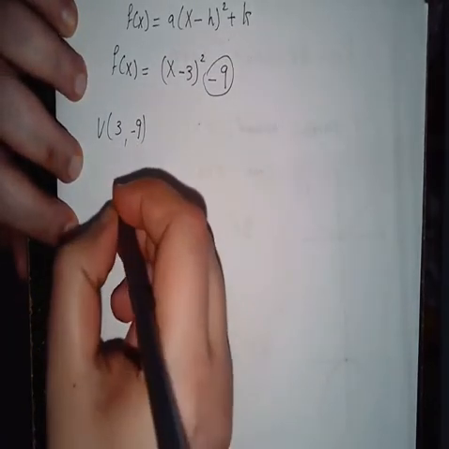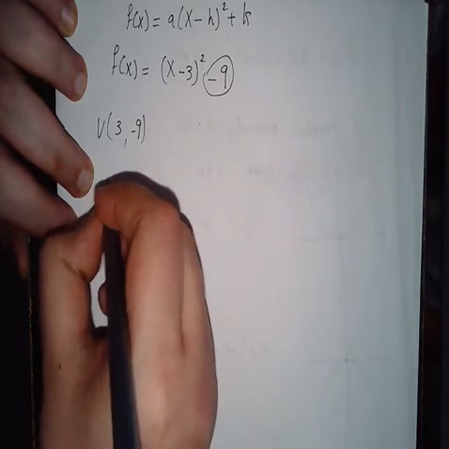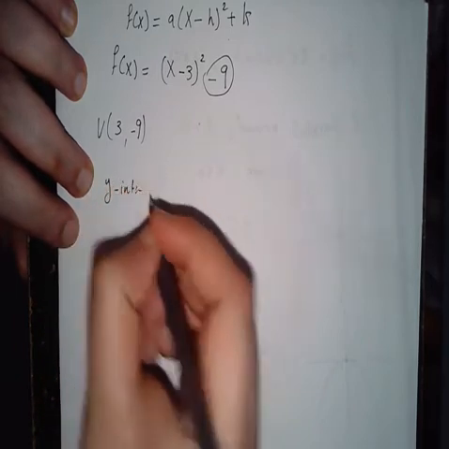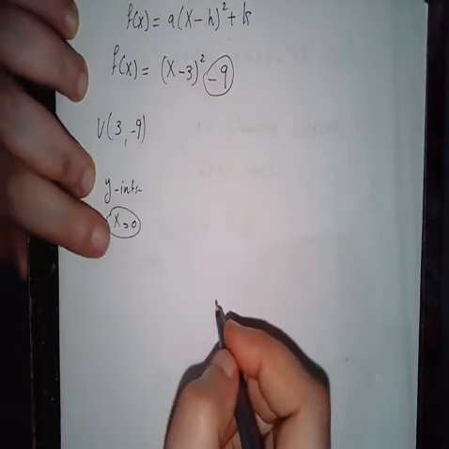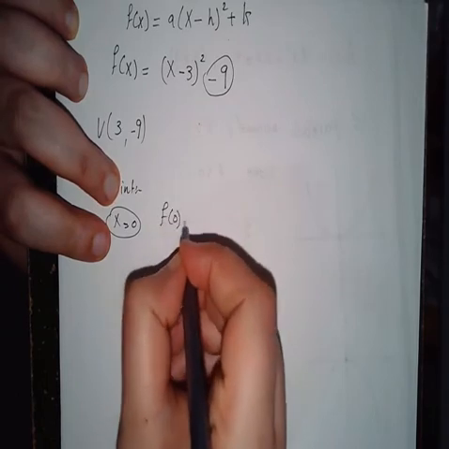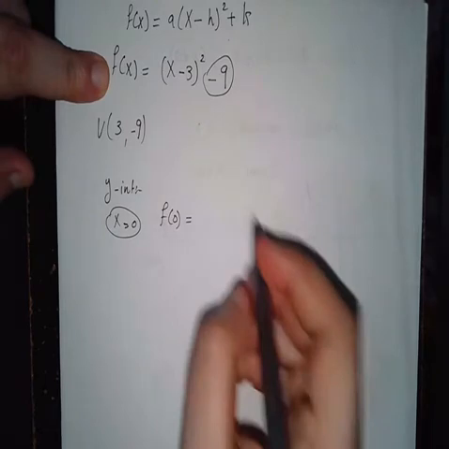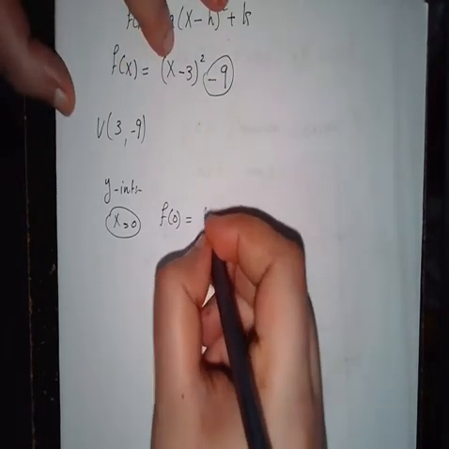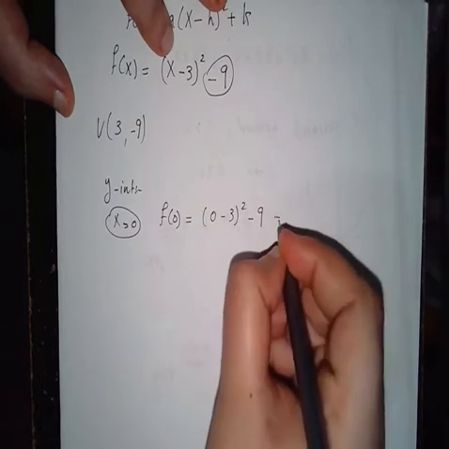Now, for the y-intercept, we said x has to be 0. Which means you're plugging in 0 into the function. I'm essentially finding f of 0, right? And this is my f right here. So let's plug the 0 in. We have 0 minus 3 squared minus 9.